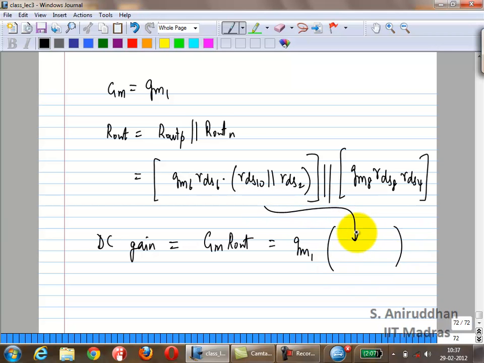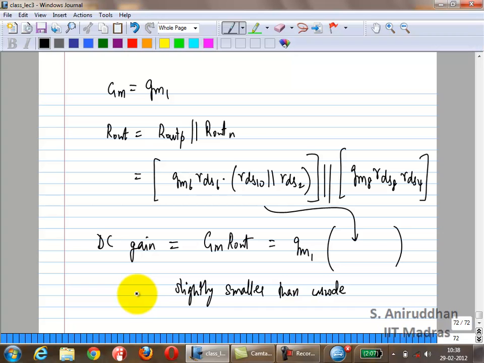Okay. So if you compare this with the telescopic, how does this compare? Smaller. Not half, because on one side it's half, on the other side it's not. So it's probably going to be more like 2/3, right? So DC gain is slightly smaller than the cascode gain.